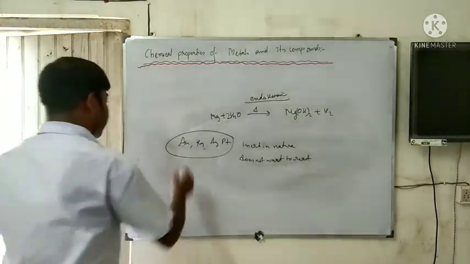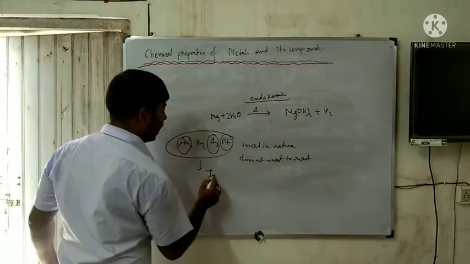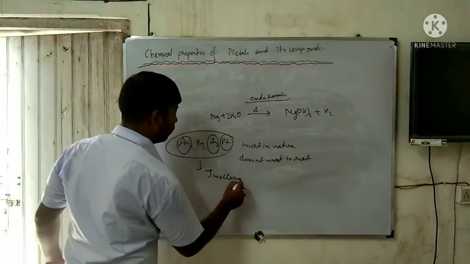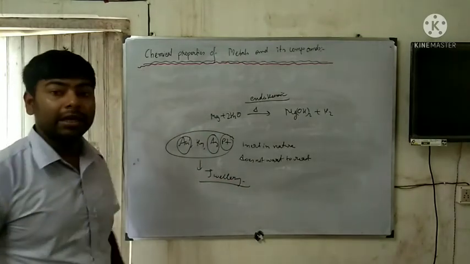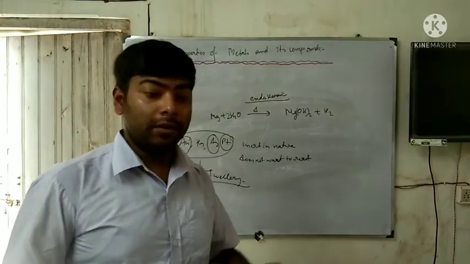That's why gold, silver, and platinum we use to make jewelry, because they do not react with the body.